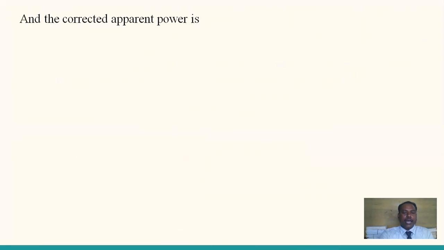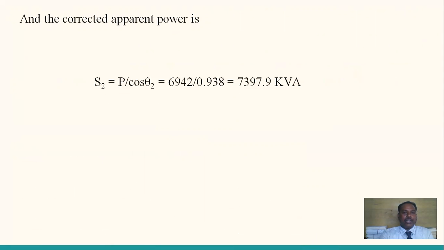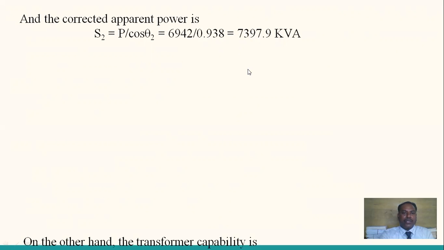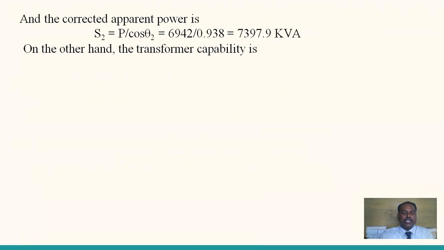And the corrected apparent power S2 is equal to P by cos phi 2. So after 1000 kVAR is installed, the corrected apparent power is 6942 divided by 0.938, which is equal to 7397.9 kVA.